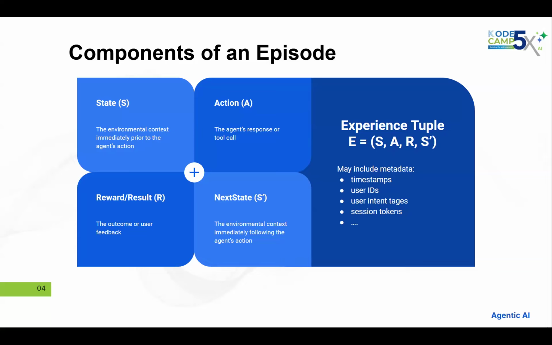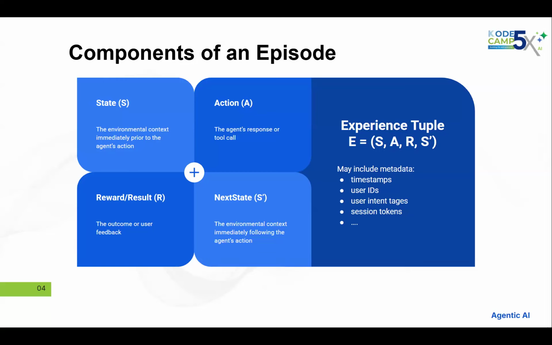Assuming the user provides feedback, that is the reward. That's essentially the result of the action that the agent has taken. And then based on that reward or result, what is the next state? The next state is the state following the agent's action, because the agent's action typically will modify the state.